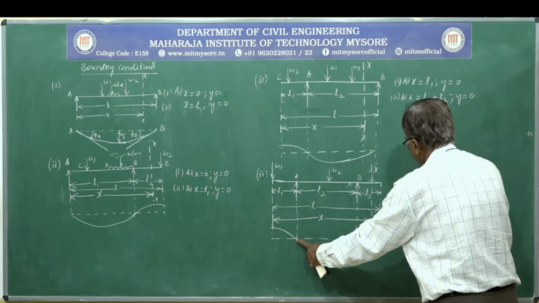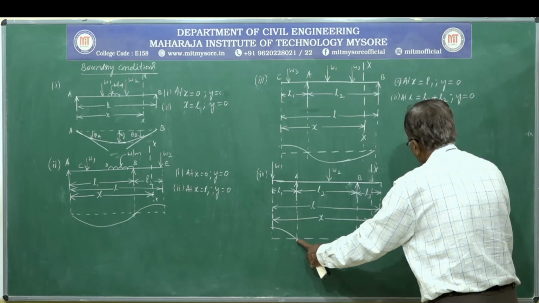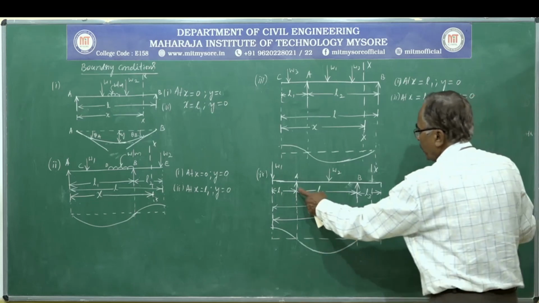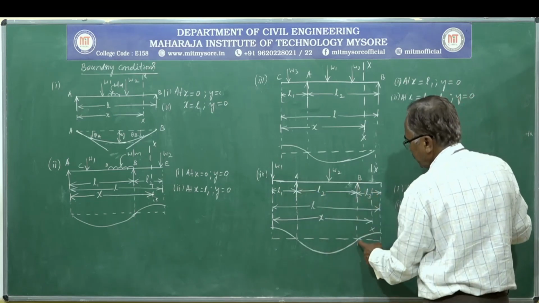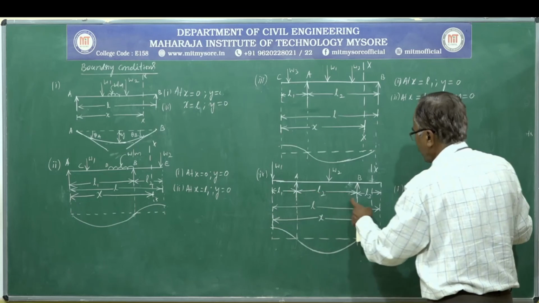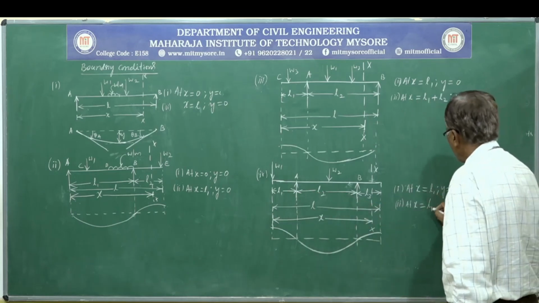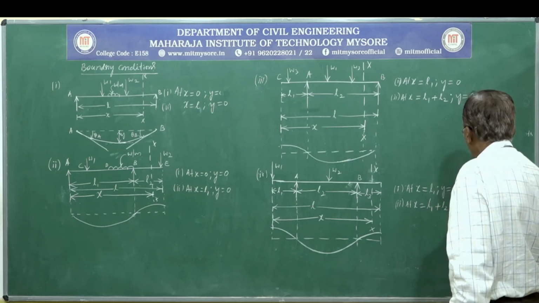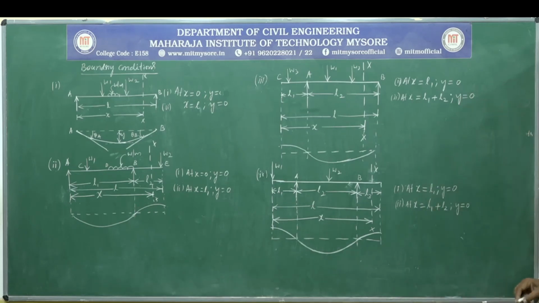Again, at x equal to 0, the slope is not 0 but the deflection is 0 at the supports, and at x equal to L1 plus L2, y is equal to 0.